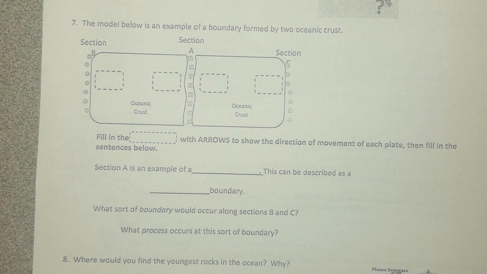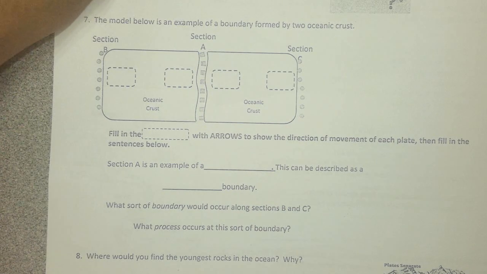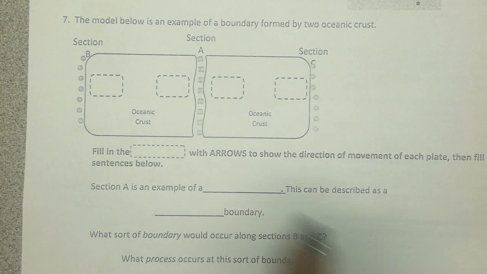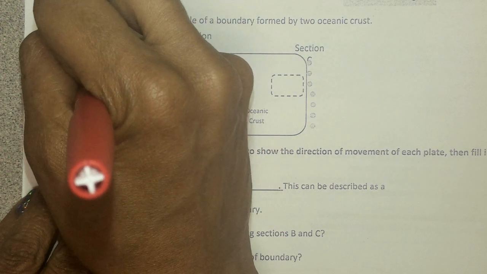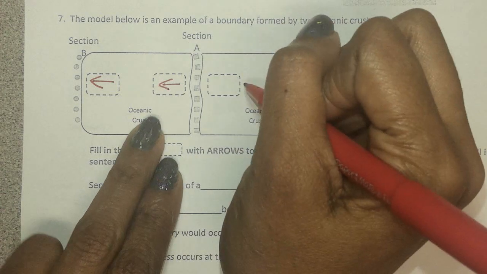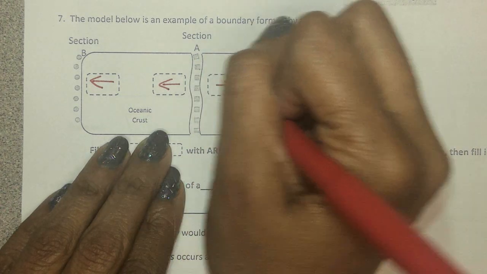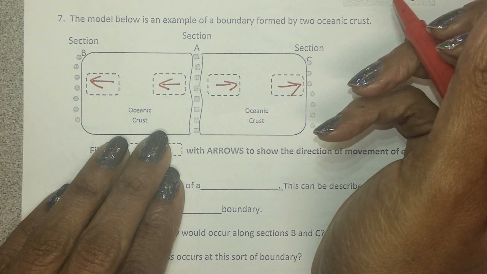All right, so we're on to number 7. So we want to label this model here, or this picture. All right, so this is ocean crust that we're dealing with, okay? So this is one ocean plate moving away from another ocean plate. So this is a divergent boundary.